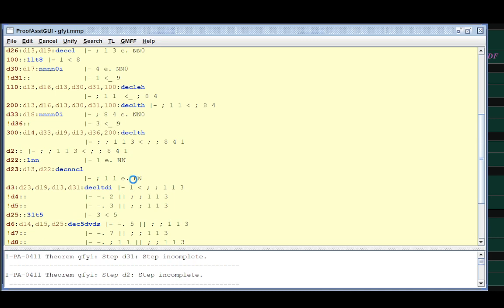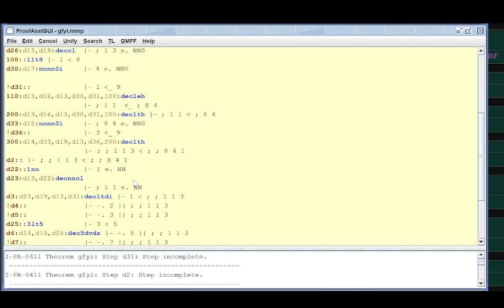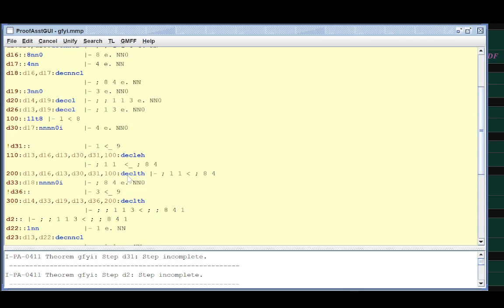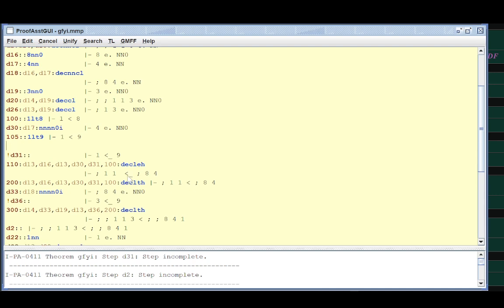Yeah? So I have 1 less than or equal to 9 and, making some progress here. Let's see, 1 is less than 9. Yeah? Oh, come on. Surely if 1 is less than 9, 1 is less than or equal to 9. Didn't we do this already? I swear I did this.